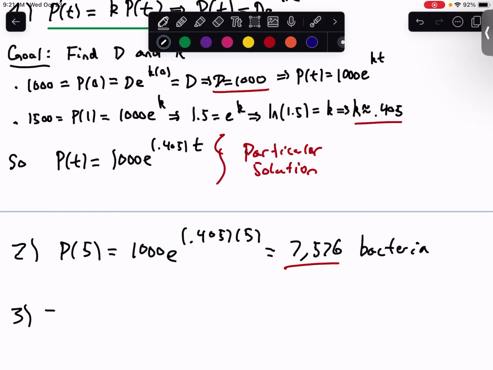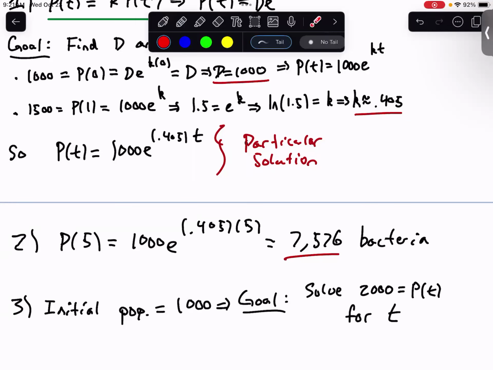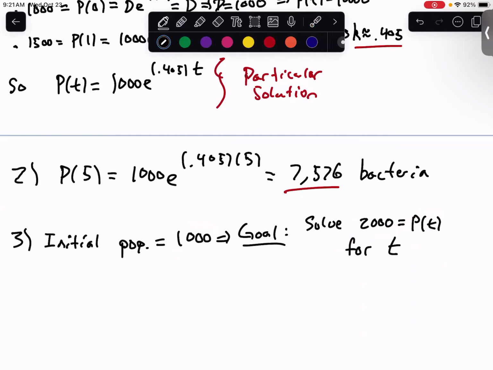So the goal for this last part of the problem is to solve 2,000 is equal to P of t for t, right? So you multiply the initial population by 2, and then you want to solve for what t ends up being equal to.